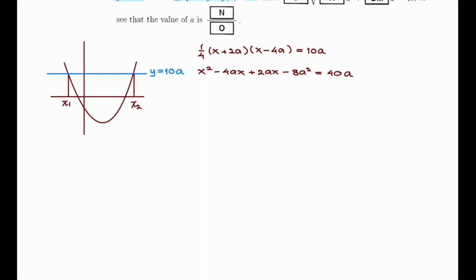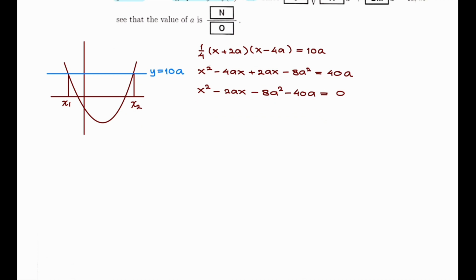And then if I move 40a to the other side, I will obtain x squared minus 2ax minus 8a squared minus 40a equals 0. To find x1 and x2, we can use the quadratic formula.